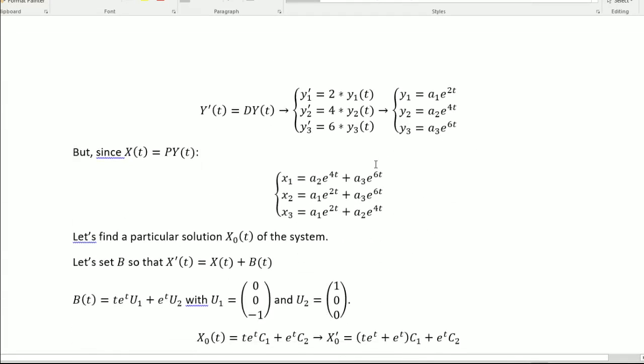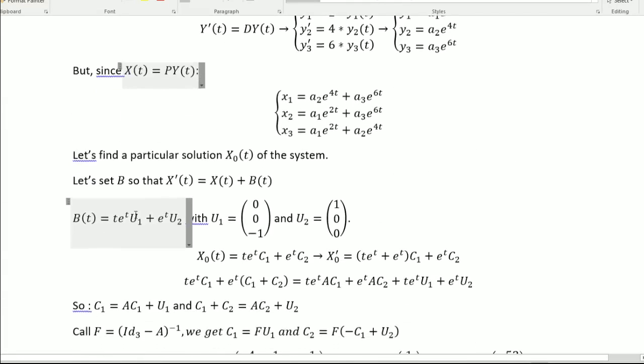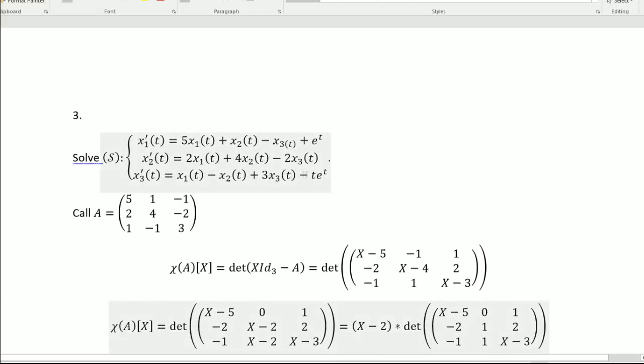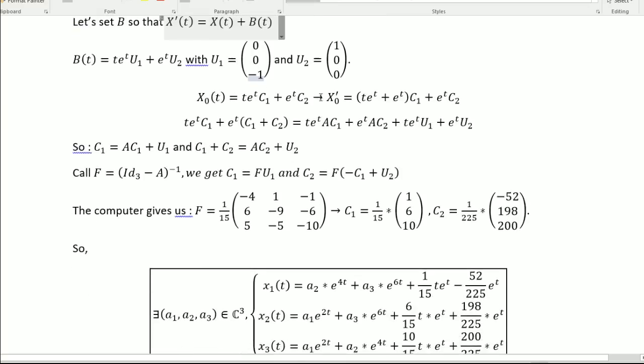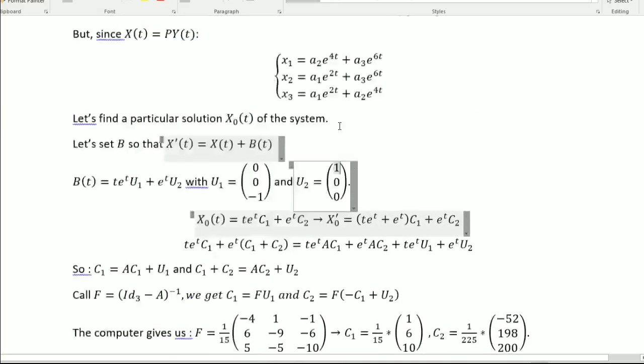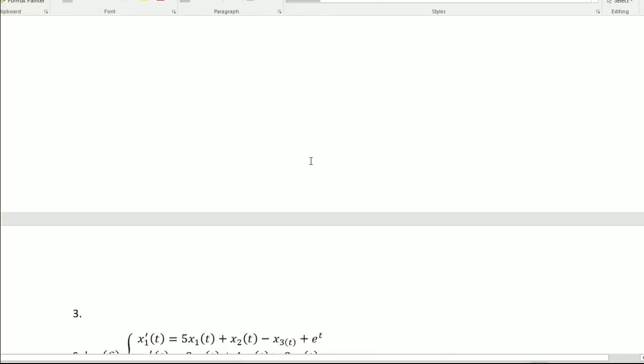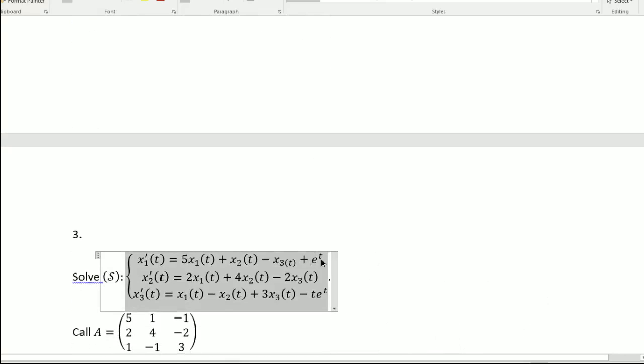So b of t is equal to t e^t times u1. u1 is equal to 0, 0, minus 1. The minus 1 comes from the minus here for t e^t, and the 1 here comes from the fact that we have the exponential t here.